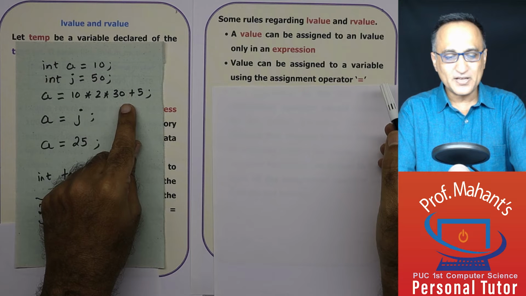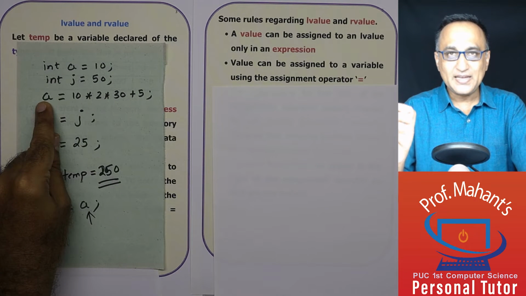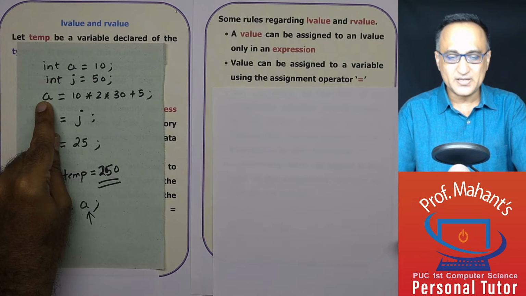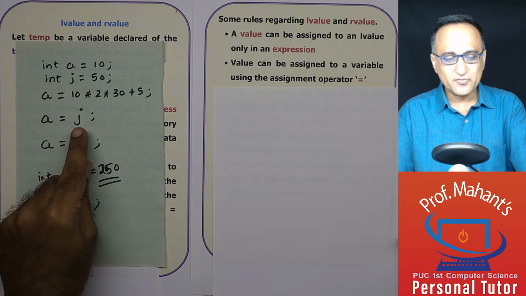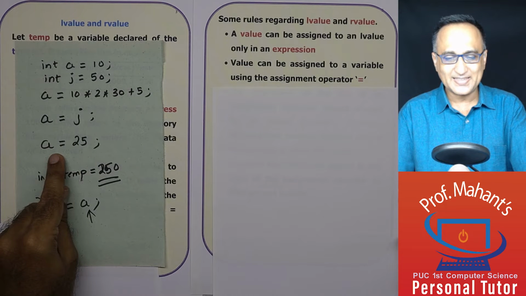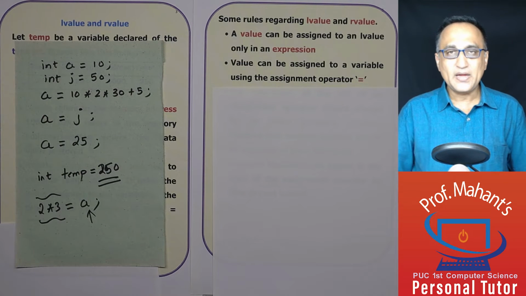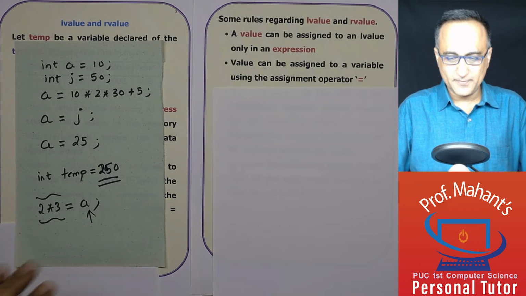This is an example of an expression. The result of this gets stored on the left side in A, where A represents some memory location 1000, 2000, whatever it is. Either you can assign a value like this, or you can give J the value of A like this, using the assignment operator. There is no other way to assign or give value to a memory location.